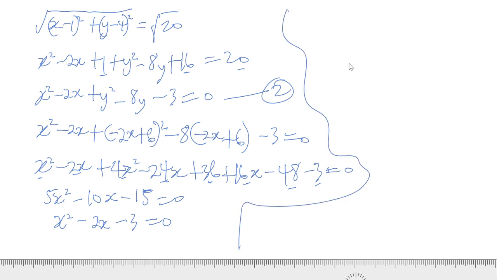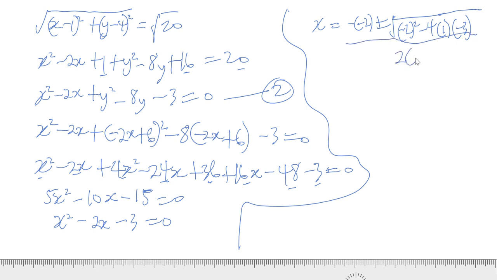Now use the quadratic formula to solve this equation. x equals minus b plus or minus square root of b squared minus 4ac, all divided by 2a.